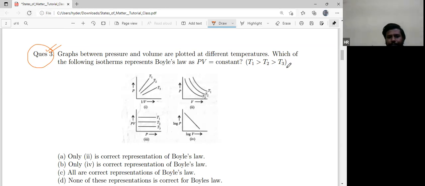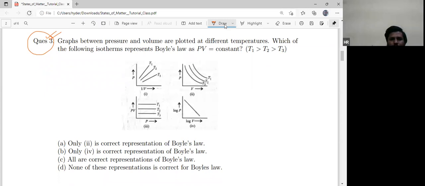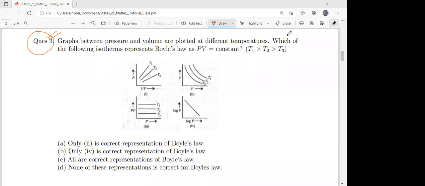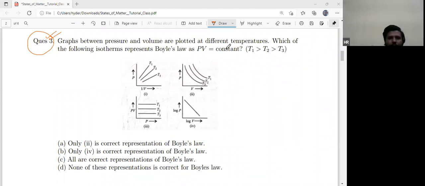If you have any doubt in your concept regarding the gaseous state, please ask me. Waiting for your answer.